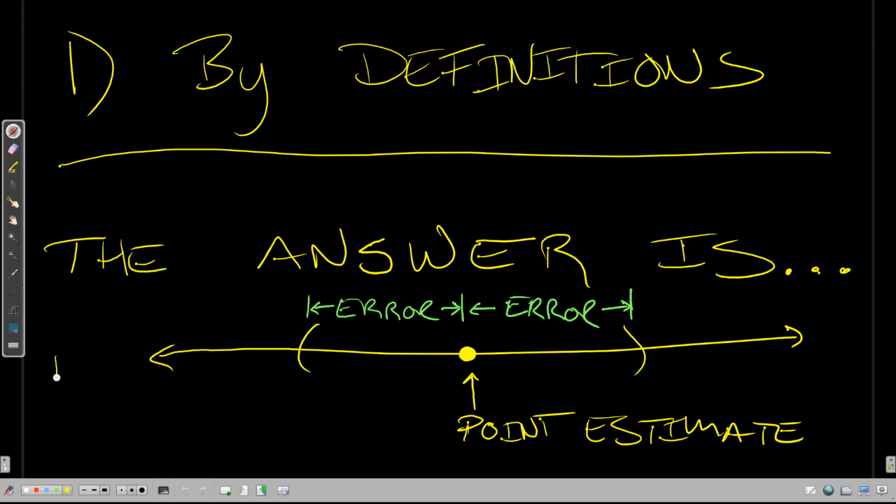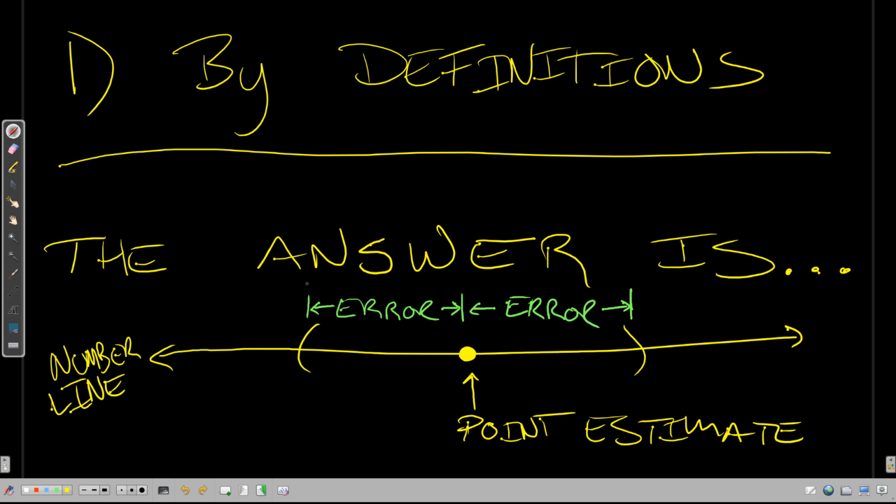This picture down here is just a number line. And I've indicated here this yellow dot on the number line, and I've given it the name point estimate. Okay, whatever that means. We'll go over that here in a minute.